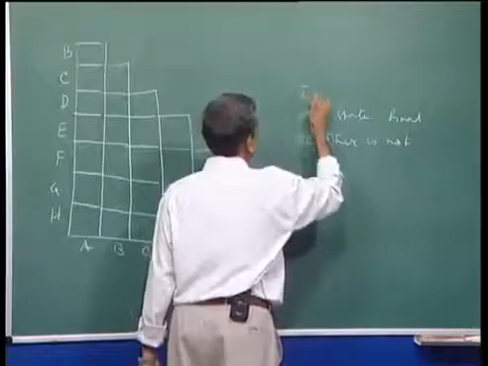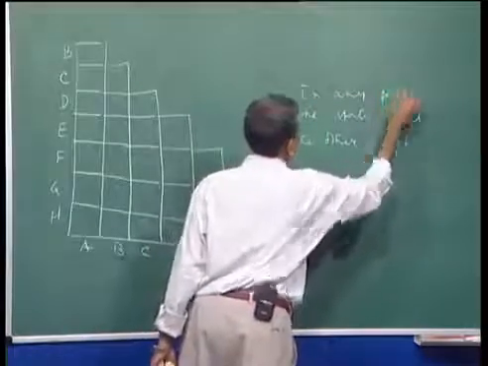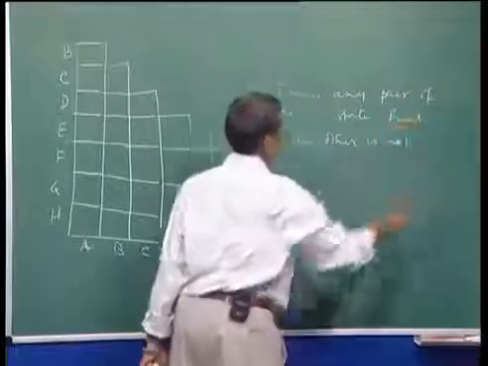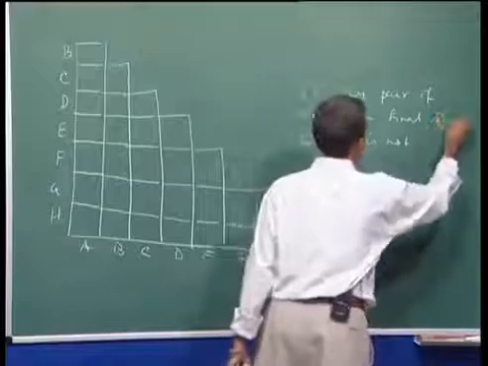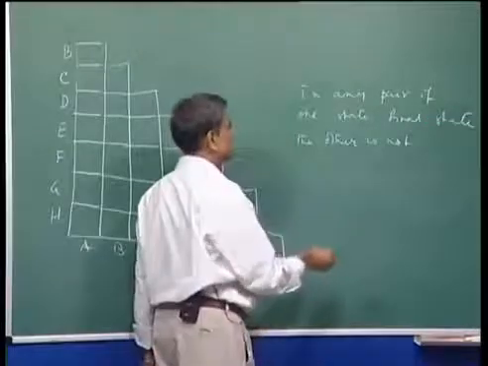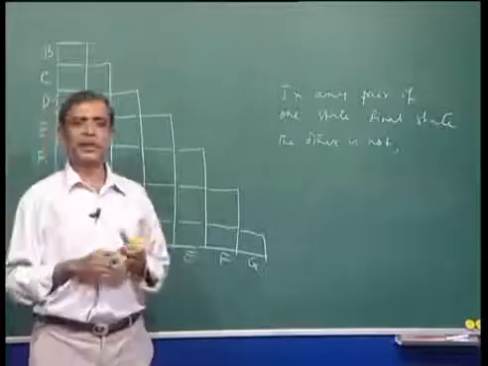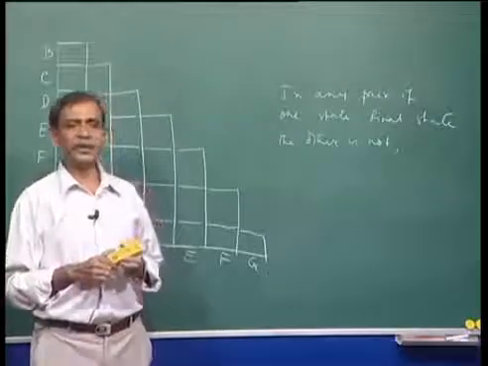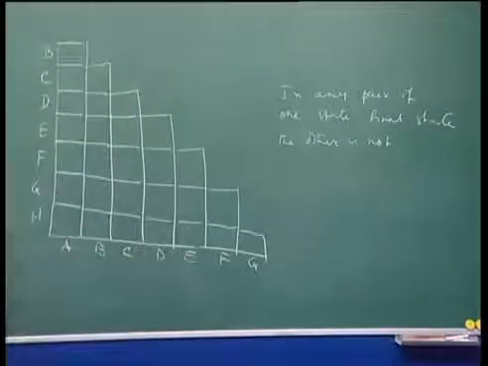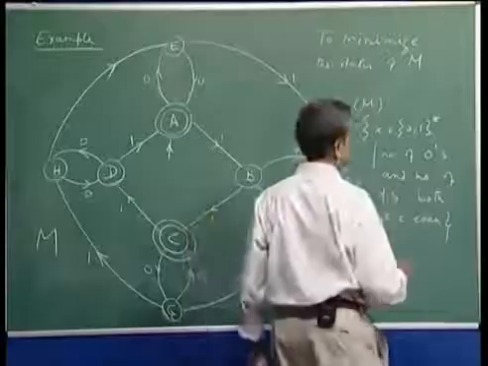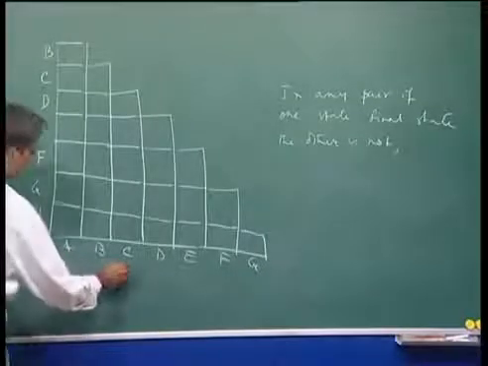So, in any pair, if one state is a final state and the other is not, then that pair will, right in the initialization phase, be considered distinguishable. So, here which are the final states? A and C.